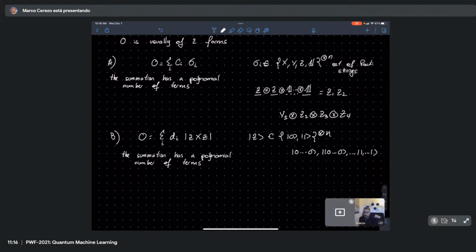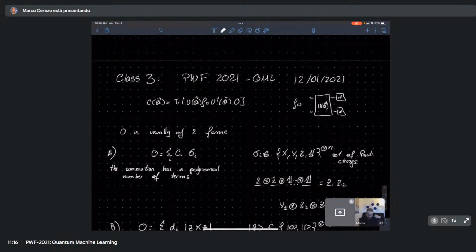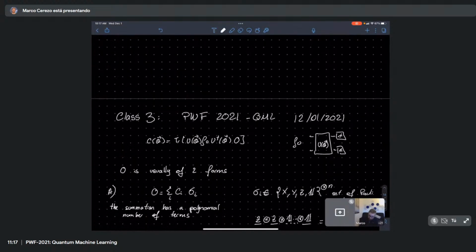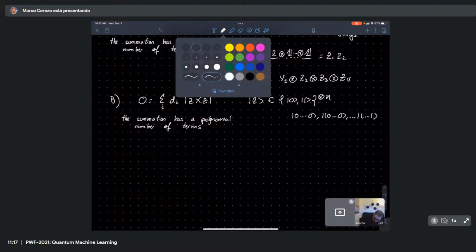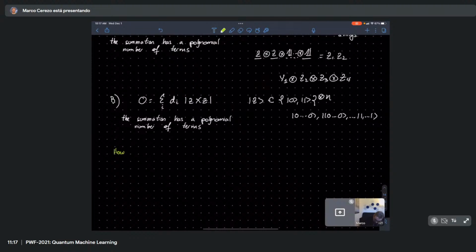So the question is, how do we take those operators and estimate them via measurements on the quantum computer, right? Because all that we can do here at the end is, we said, we measure in the computational basis, and that's all that we have. So let's start with case B. How do we estimate the cost through measurements that are usually projective measurements in the computational basis?